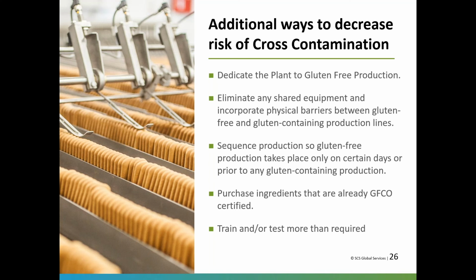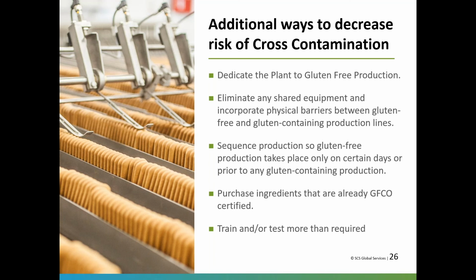And then, as I was speaking to earlier, sequencing production. Gluten-free production always takes place on certain days or always prior to any gluten-containing production. So you might do your gluten-free production in the morning, gluten-containing production in the evening, and then do a complete clean out and start again the next day. That's going to significantly reduce any chance of contamination.